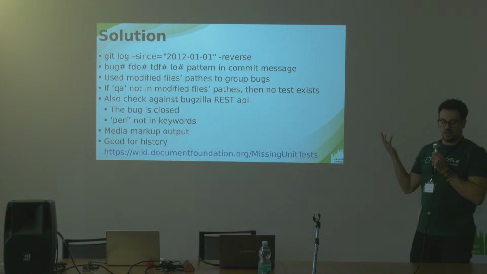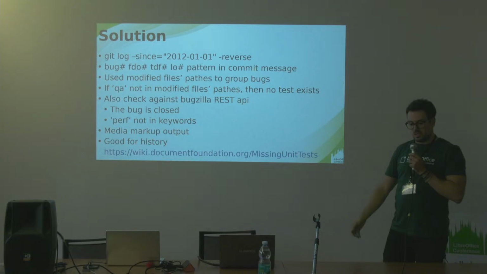So I decided, okay, I'm going to start at a random date after the fork of LibreOffice: I'm going to take the log since the beginning of 2012, and then I'm going to do it in reverse order. Why in reverse?